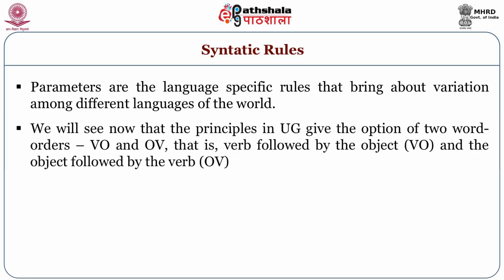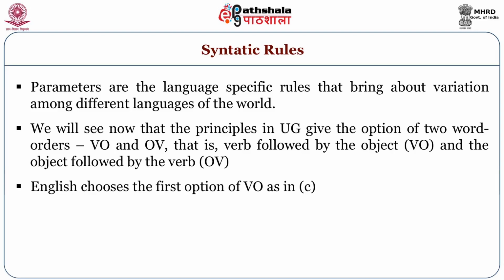We will see now that the principles in UG give the option of two word orders, VO and OV, that is, verb and object, and object and verb. That is, verb followed by the object, and the object followed by the verb. English chooses the first option, verb and object, and Hindi chooses object and verb.